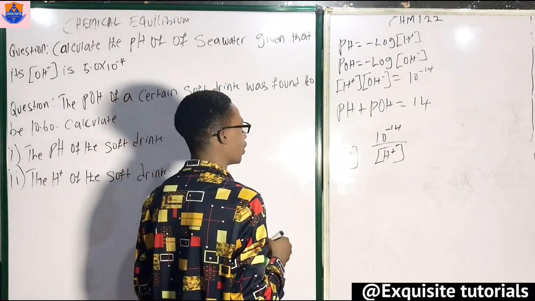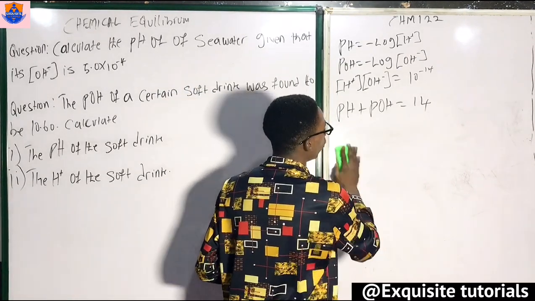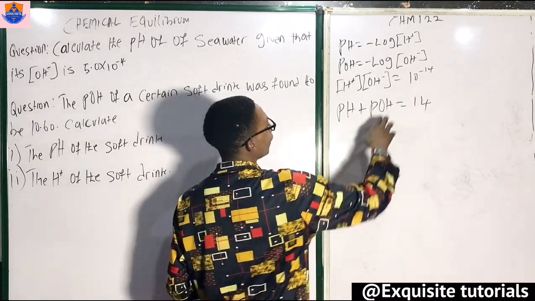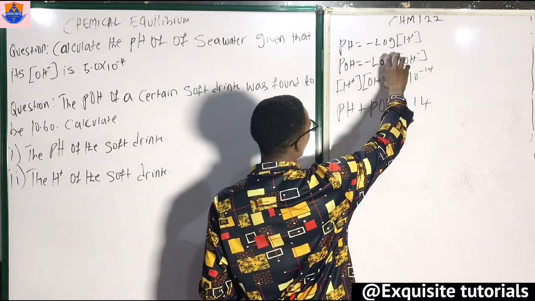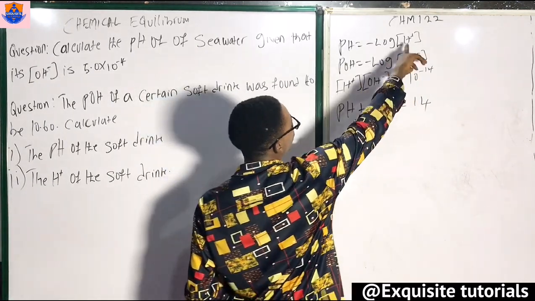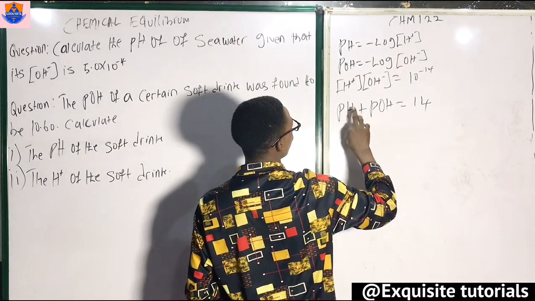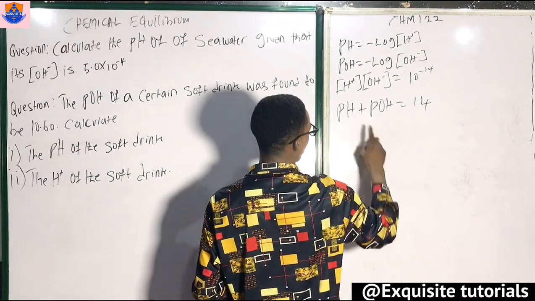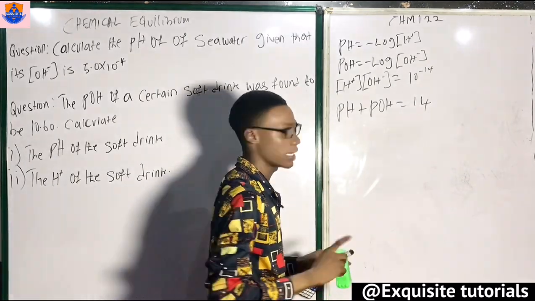As easy as that. If you are asked to find your pOH, given this, you place in your value. But if the pOH was not given, but the hydrogen ion was given, you first find your pH, then pH plus pOH is equal to 14. Subtract the pH from 14 and you get your pOH, as easy as that.